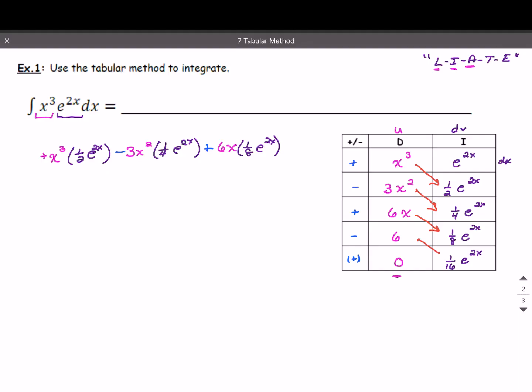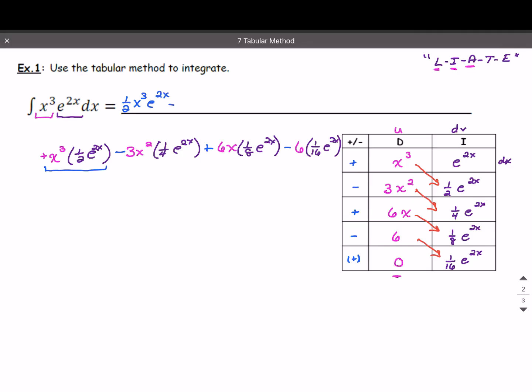And the last diagonal, I've got minus 6 times 1/16 e to the 2x. Now we're just going to do a little bit of arithmetic here to neaten this up. So in the first term, we're just going to have 1/2 x cubed e to the 2x.